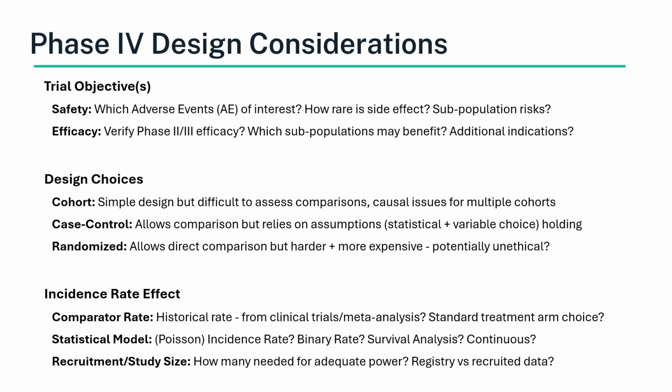So it's much easier to make a direct comparison, because you're just saying, here are people who were randomized to get the standard treatment, here are people who were randomized to get the new therapy, the therapy of interest. Compare across them, and you have much more confidence in the statistical validity of any comparisons there.